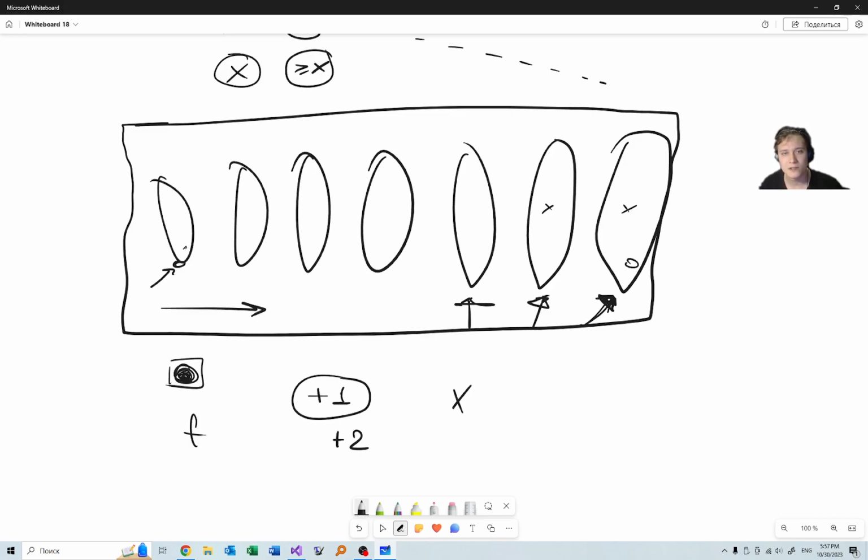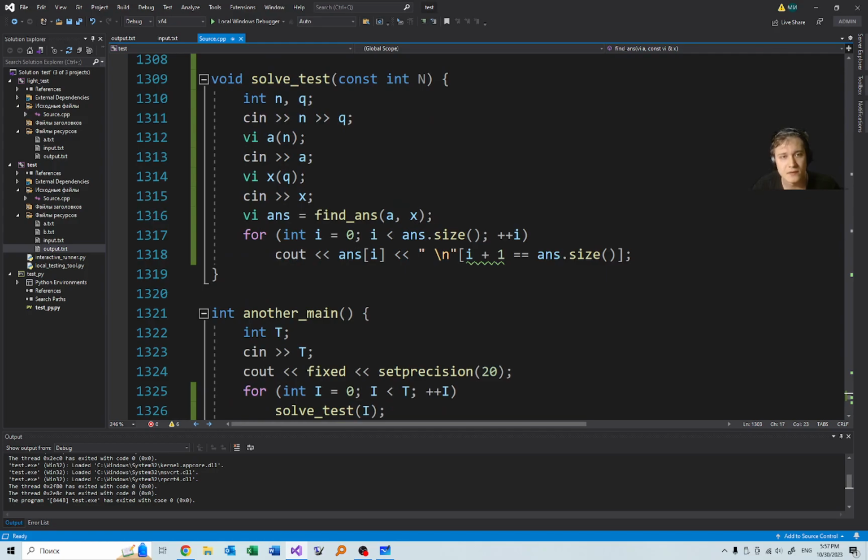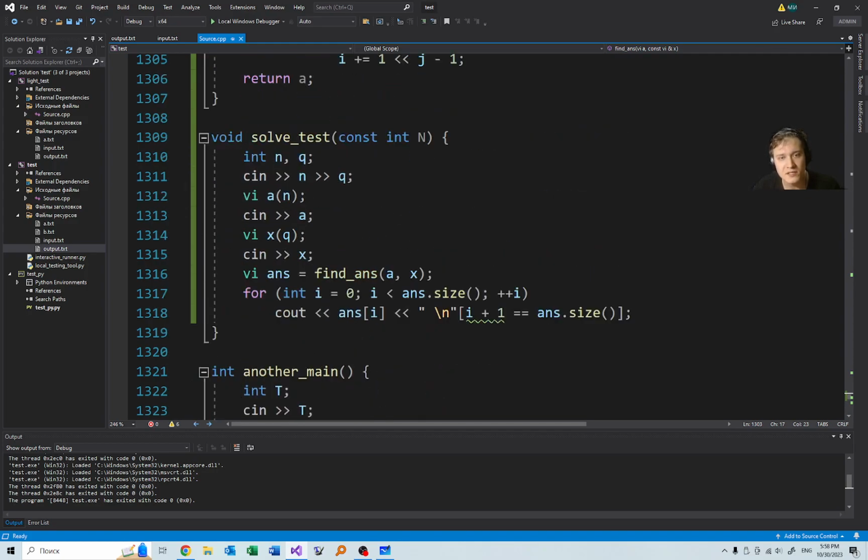If we can kill the rightmost group after sorting, then we kill the rightmost group with the second type of attack. Otherwise, we need to kill one monster from the leftmost group. Okay, after this consideration, this is quite an easy problem.